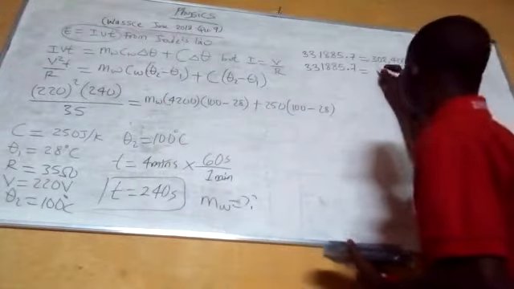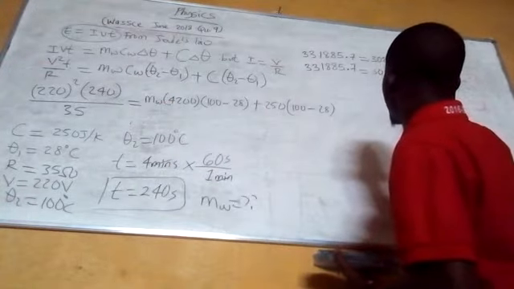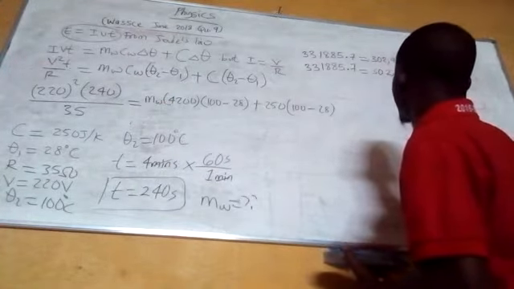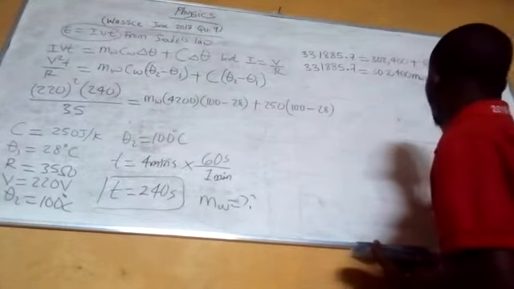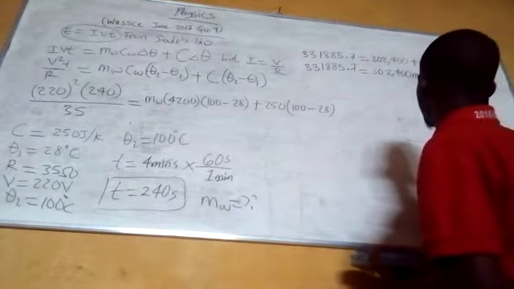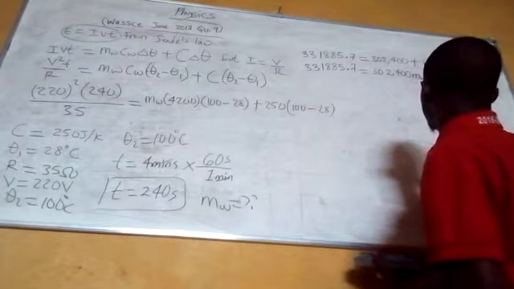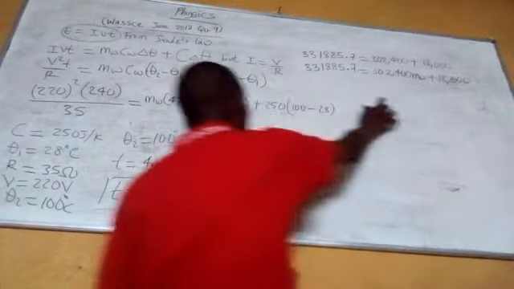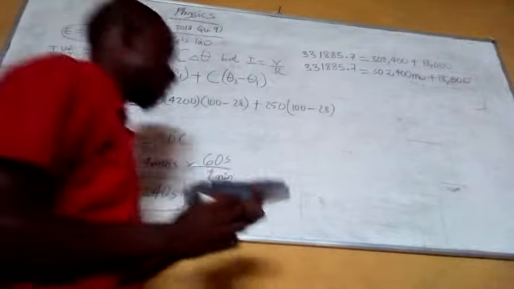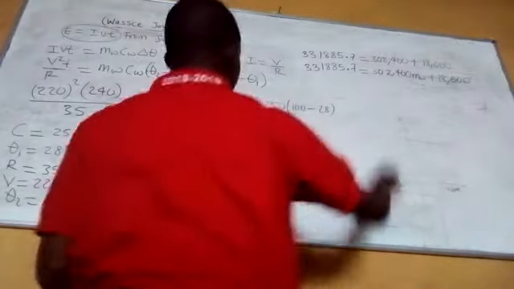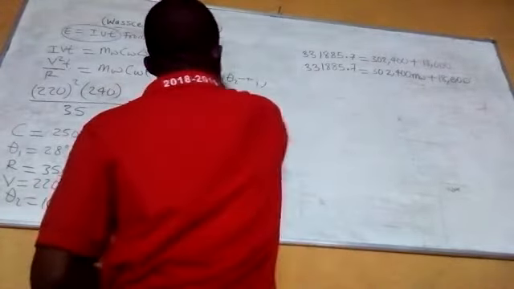So here we have 302,400 MW plus 18,000. Now we will send 18,000 across the equal sign. Now it will change to negative. The sign will change when it comes across the equal sign. So that's what we have.